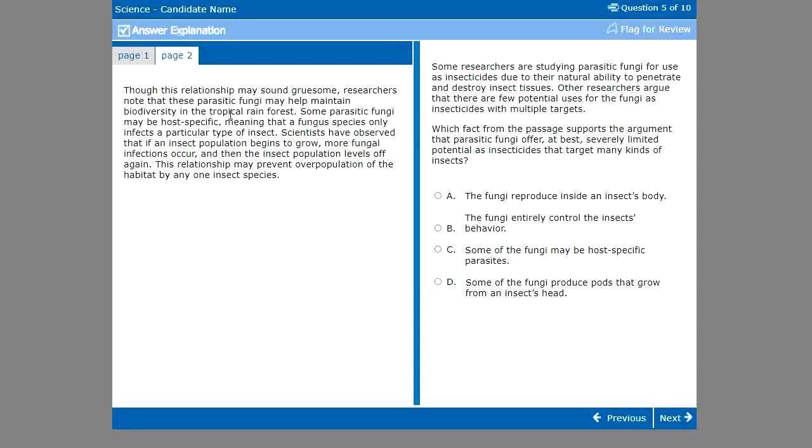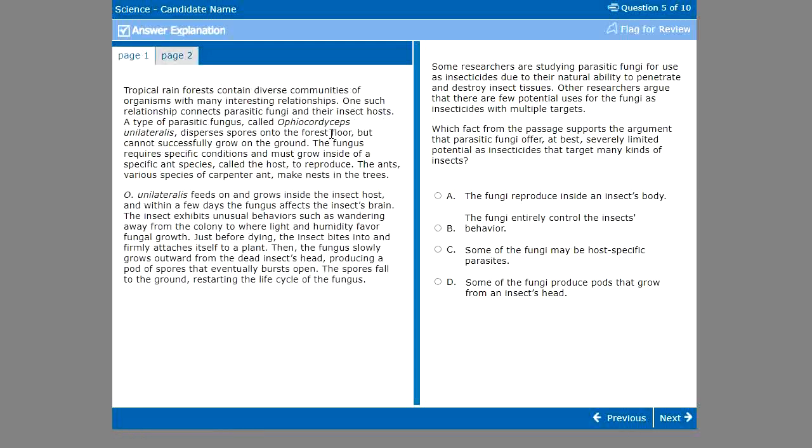Okay, to summarize, we have this specific fungus, which is a Cordyceps fungus. Cordyceps fungi are parasitic fungi that grow inside their host, in this case a carpenter ant species. When an ant is infected, it will wander off its colony to a place that favors the growth of the fungus.